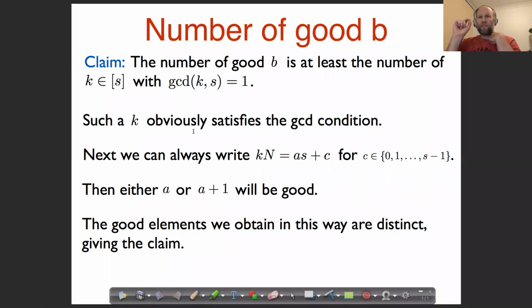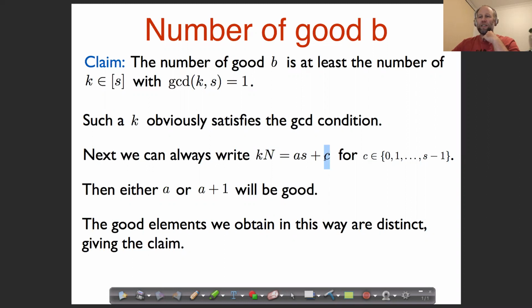Basically, the claim is that for every K which is relatively prime to S, there is an associated B which is good. Why is that? Well, let's just write K times N as A times S plus C, where C is between 0 and S minus 1. I mean, any number we can write in this fashion.